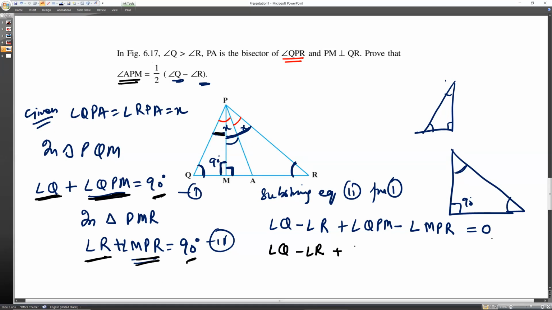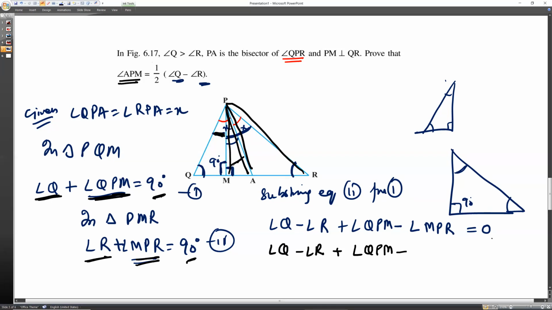So we just write QPM. This whole angle, this only angle. But what is angle MPR? MPR is actually this angle plus this angle.